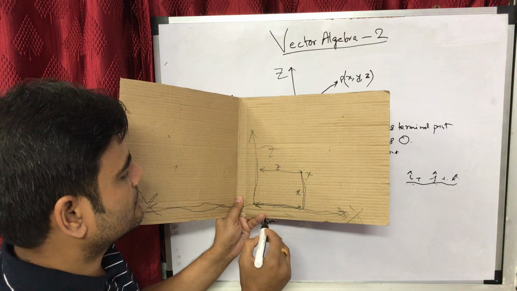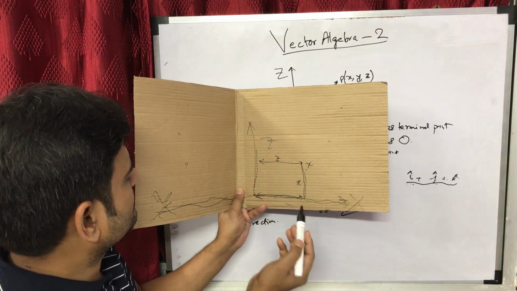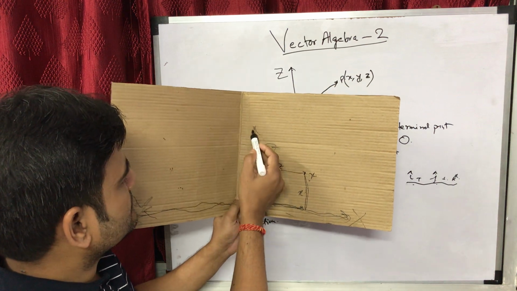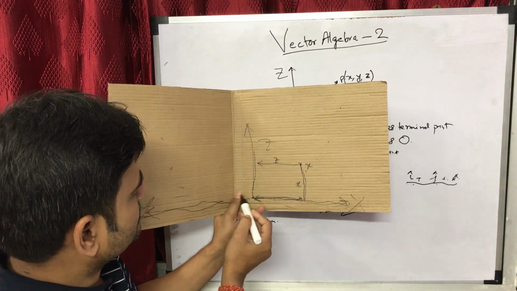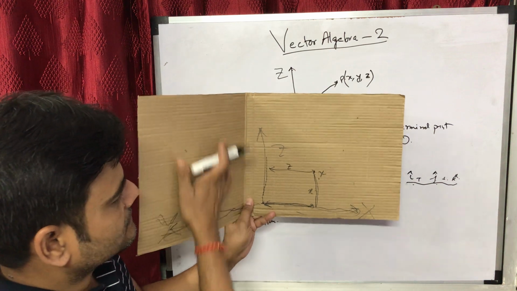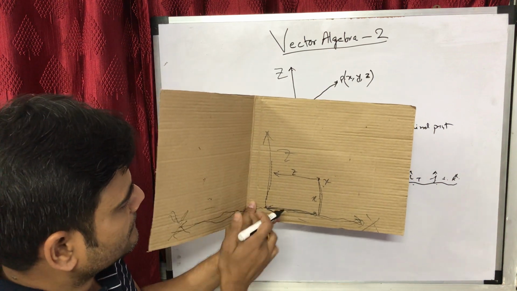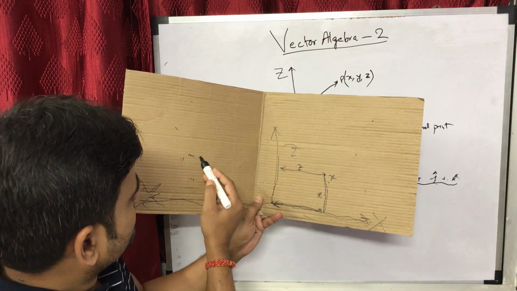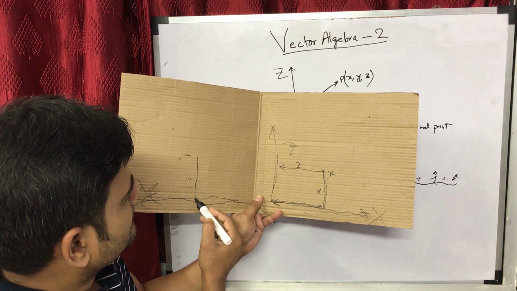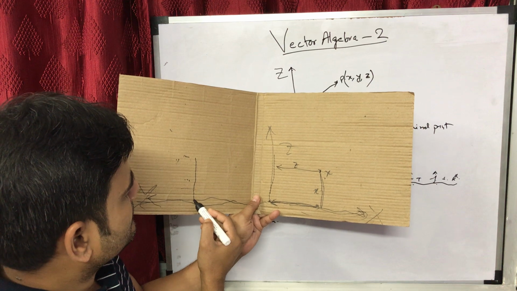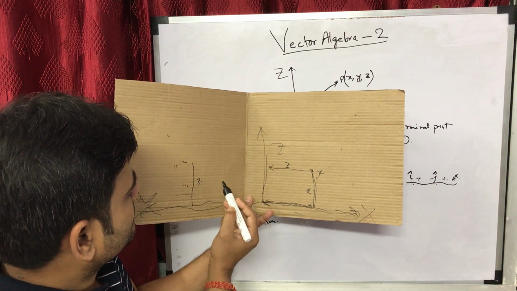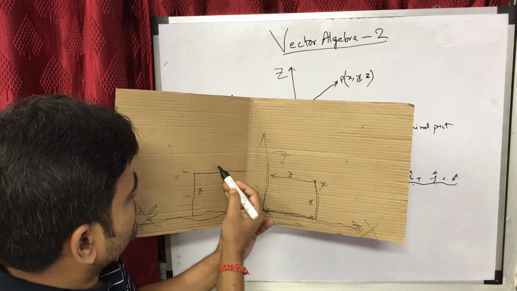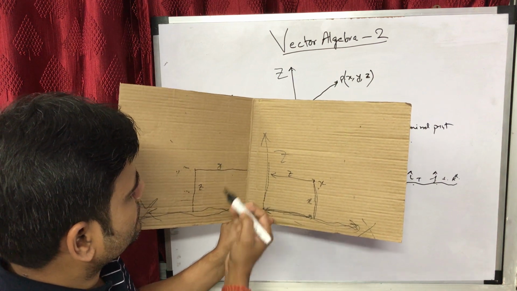This is x component. And if you draw a perpendicular on this plane, on the yz plane, you understand that, right? This is the yz plane. So you drop a perpendicular, and this length is nothing but z, and this length is your y.